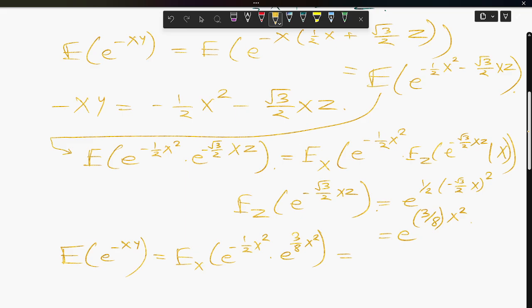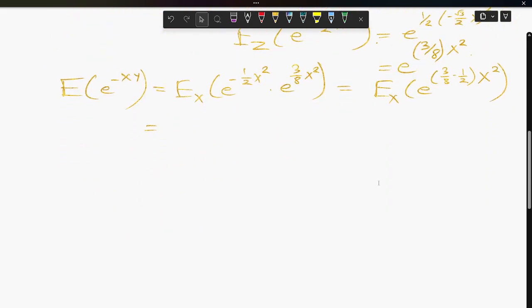So that will be the expectation over X of e to the power (3 by 8 minus half) X square.